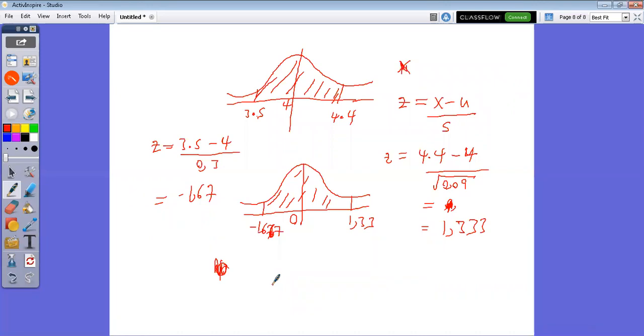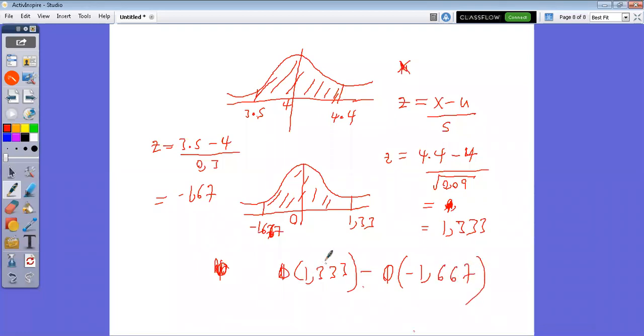So, does that make sense? What we are saying here, I'll show you what it means. Remember, I want the area to the left of this. So I'm saying phi of 1.333, like what you said, minus phi of, remember, if I'm taking the area of this, it's minus 1.667.